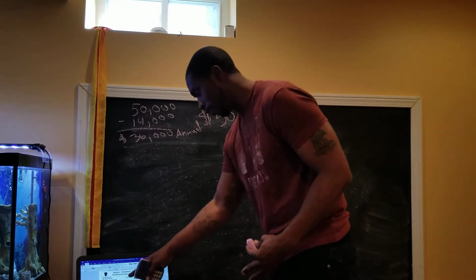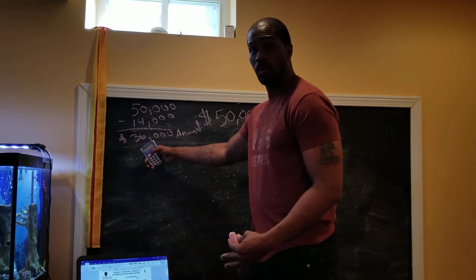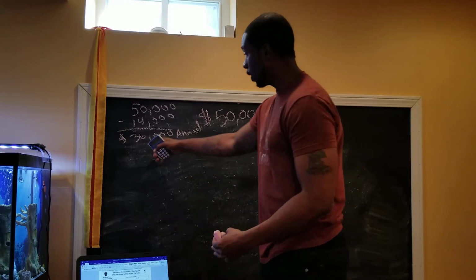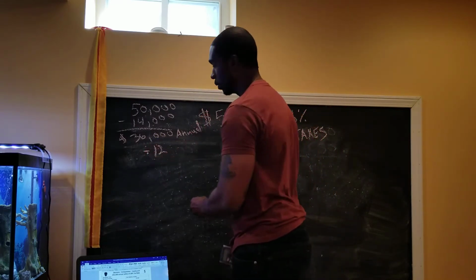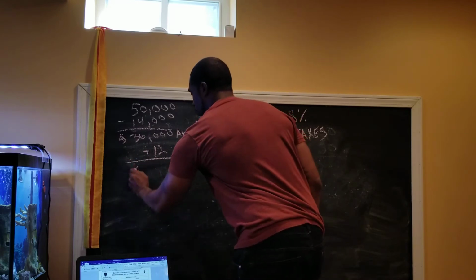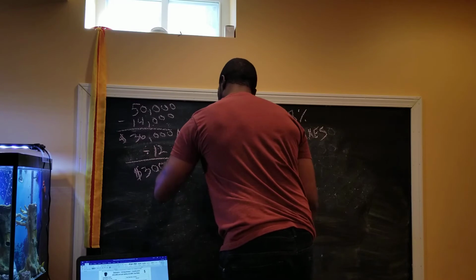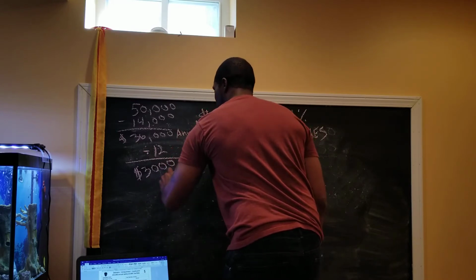So now we have to find the net monthly income. If this is my annual, and there's 12 months in a year, then I would divide 36,000 by 12, and I get $3,000. Net monthly.